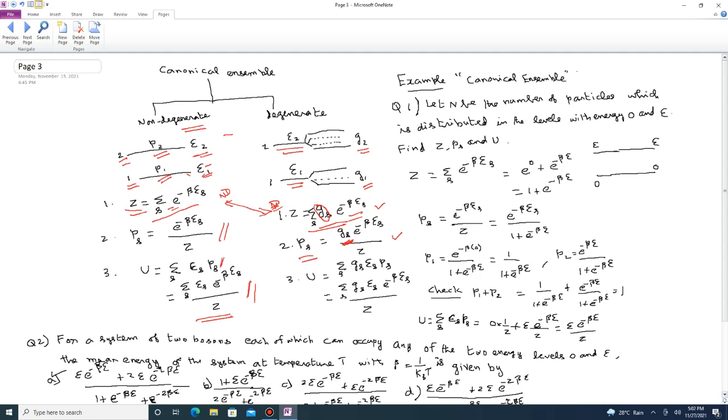For the non-degenerate, g_s is equal to 1. Similarly, the mean energy, or average energy, of the system is the summation over s of g_s E_s P_s. So g_s must be here. The difference between the expressions for the non-degenerate and degenerate systems is that you have to include the degeneracy g_s in the expressions for Z, P_s and U. Now using this, we can do some problems.